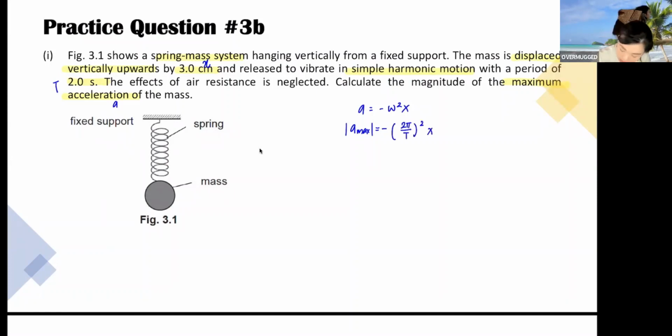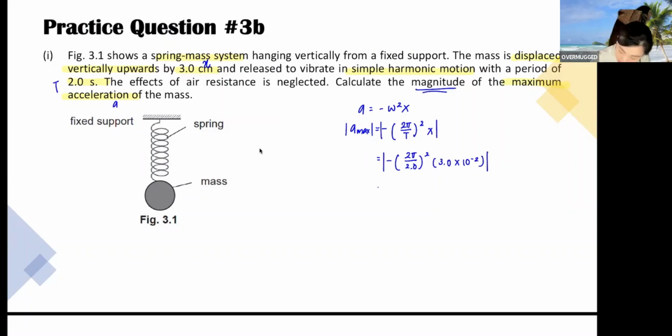And then this is my x. Then I just sub in the values: negative 2 pi over 2.0 squared times... Now my x is in cm, make sure everything is in SI units. So you need to convert this into meters, which is 3.0 times 10 to the power negative 2. Then take the modulus of this part as well, because we only want the magnitude, as stated here.